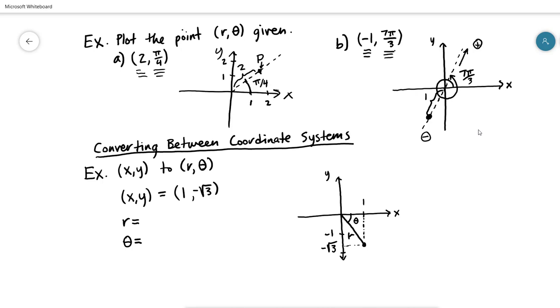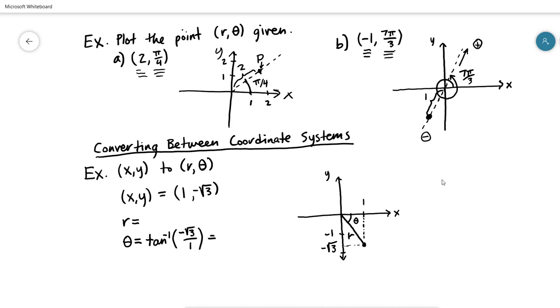The angle doesn't change. We've got a different radius. We're not on the unit circle, but it's that same ratio. What this tells me is that the angle, technically speaking, is the inverse tangent of the numbers we've got over here. Remember, it's y over x, so negative root 3 divided by 1, negative root 3 over 1.